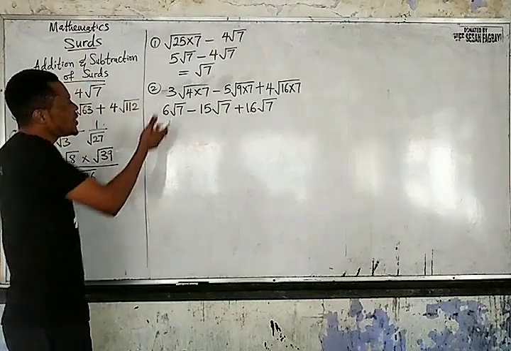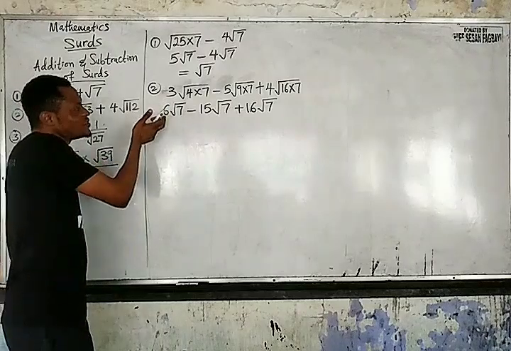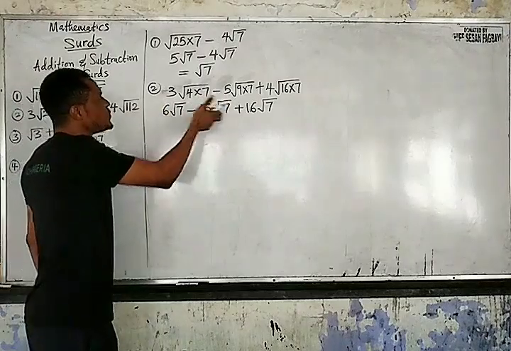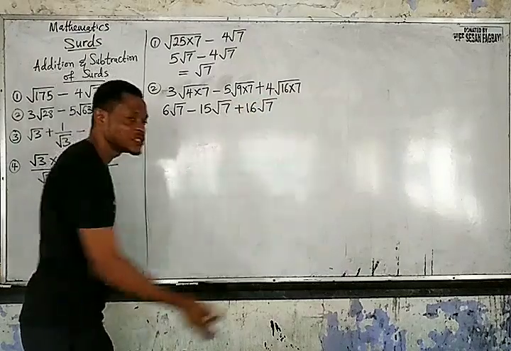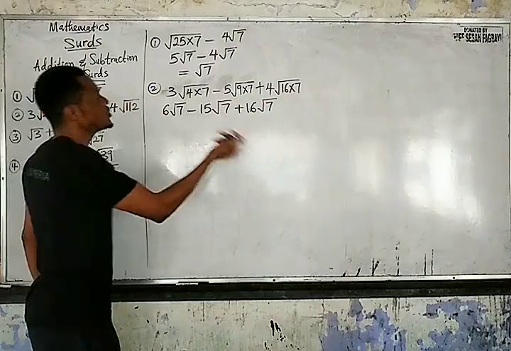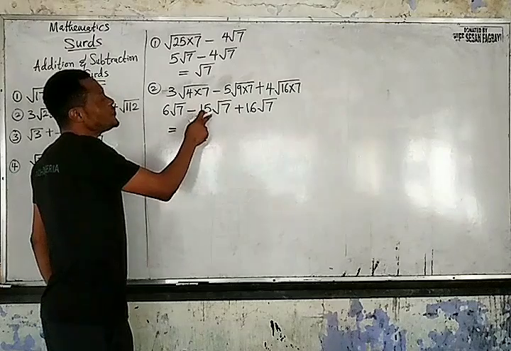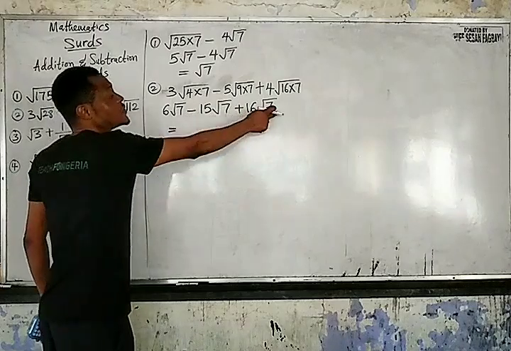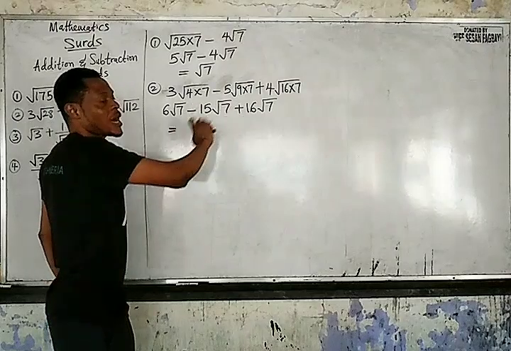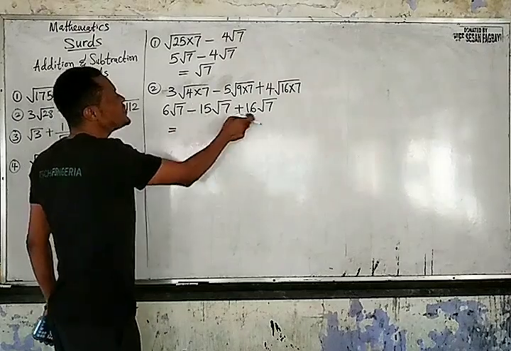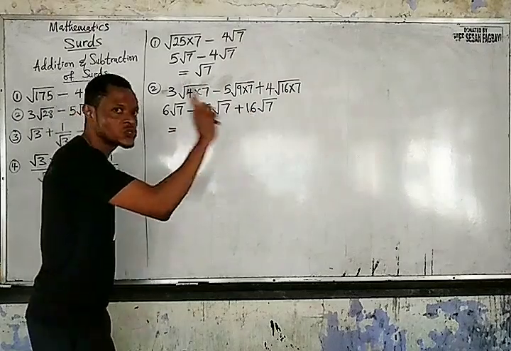So at the moment, I have 6 root 7. I'm owing 15 root 7, and I have 16 root 7 again. It's simple. I'll just assume that, okay, I owe 15 root 7, and I have 16 root 7. By the time I carry out the balancing, I'll definitely be left with a root 7.